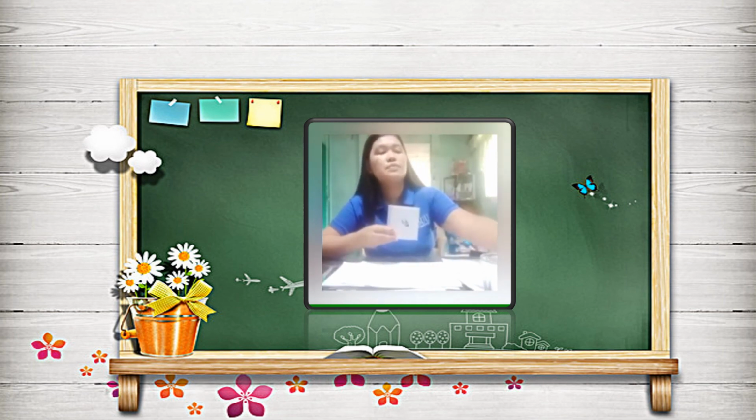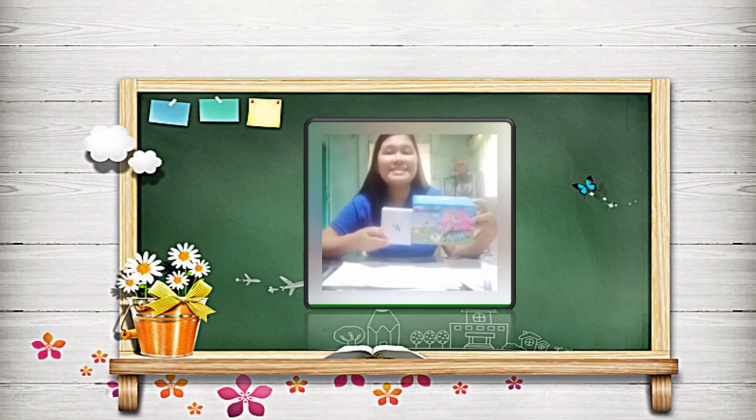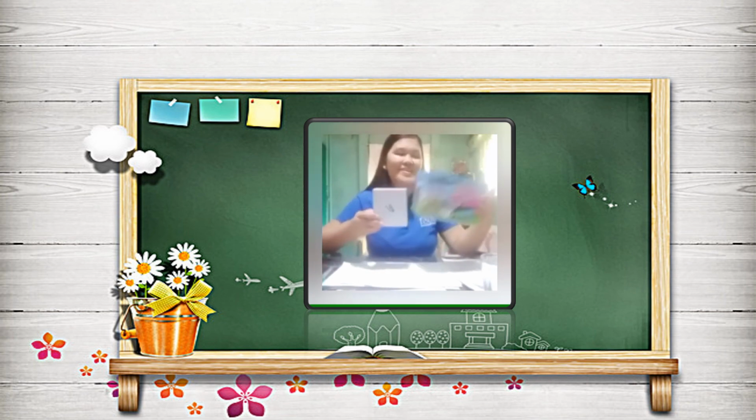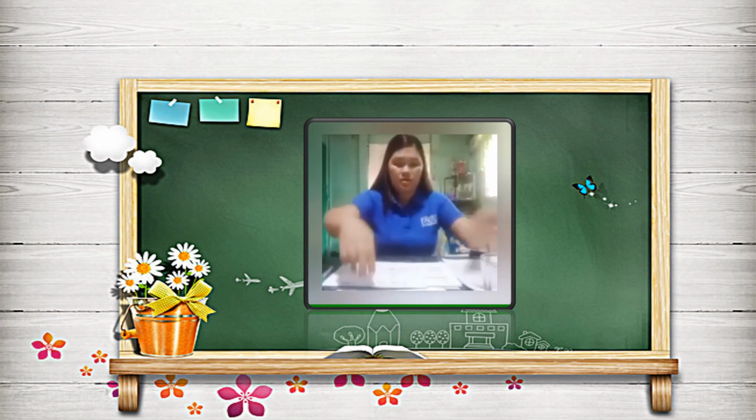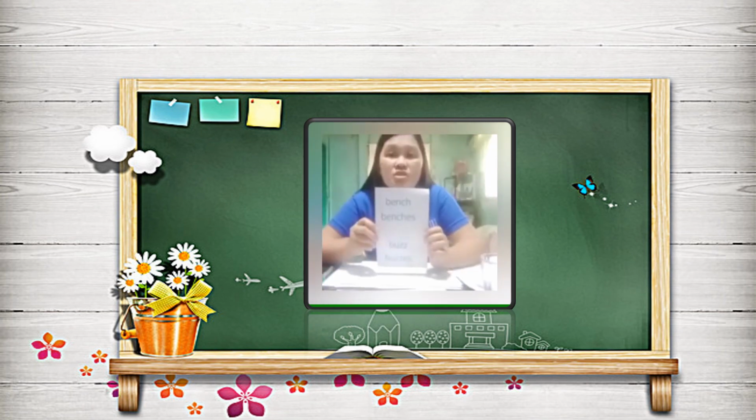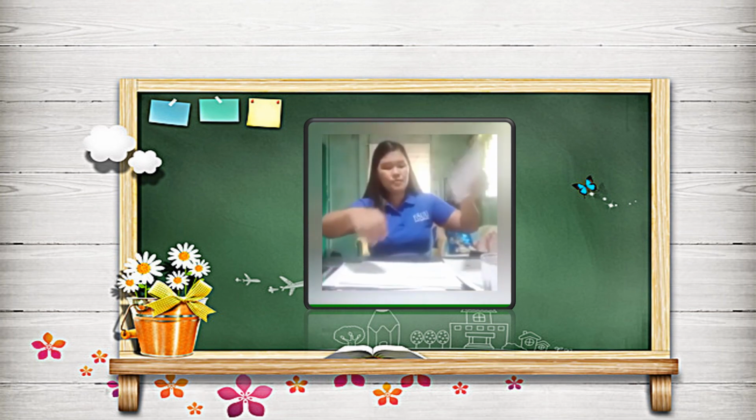To form its plural, we add es. We call these things now boxes. Other examples: bench, which ends with ch, becomes benches. And buzz, which ends with z, becomes buzzes.